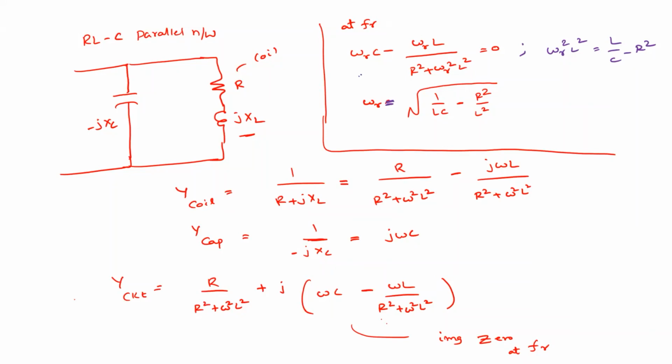Everyone got this? Okay. So from this, what is FR, the resonant frequency? It will be 1 by 2 pi square root of 1 by LC minus R square by L square.